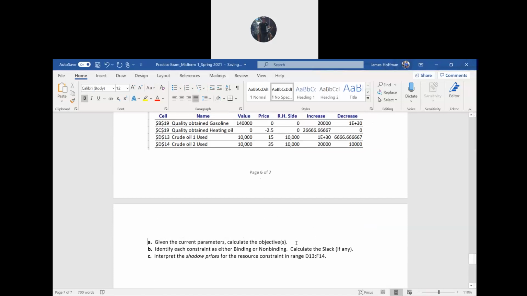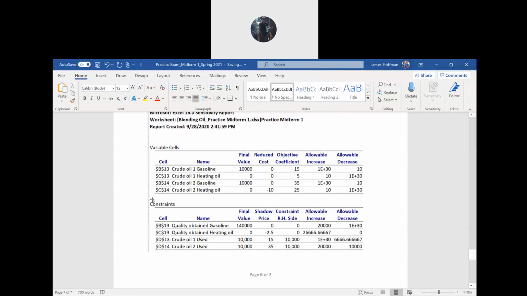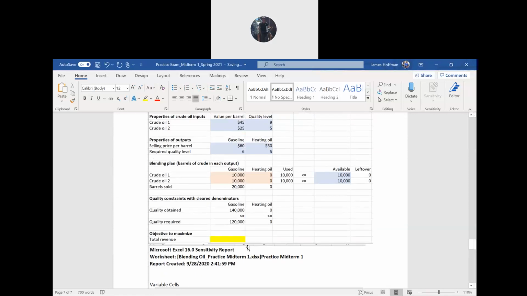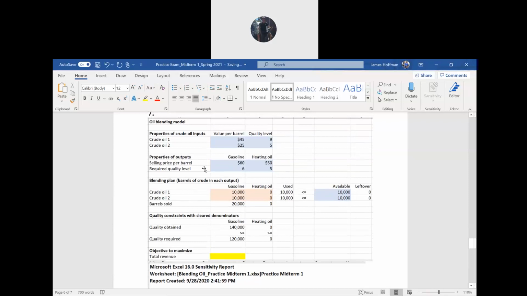So part A is, given the current parameters, calculate the objective. And remember the objective here is to maximize total revenue based on selling gasoline, heating oil, and any leftover crude oils.